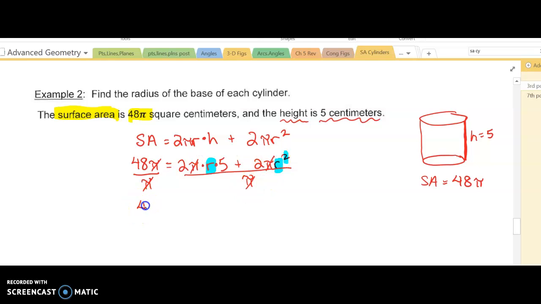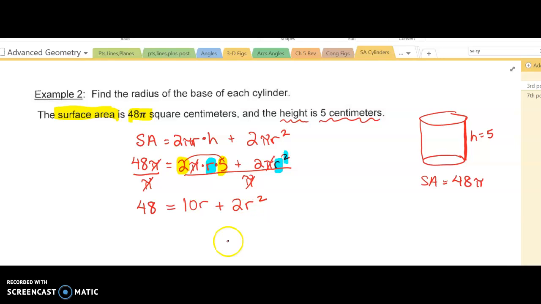Okay, so now if we look at this, we've got 48 left on the left-hand side. Order doesn't matter in multiplication, so I hope you're okay with me combining the 2 times the 5 and calling this 10r. And then plus 2r squared. This looks like maybe a quadratic because we have that r squared.